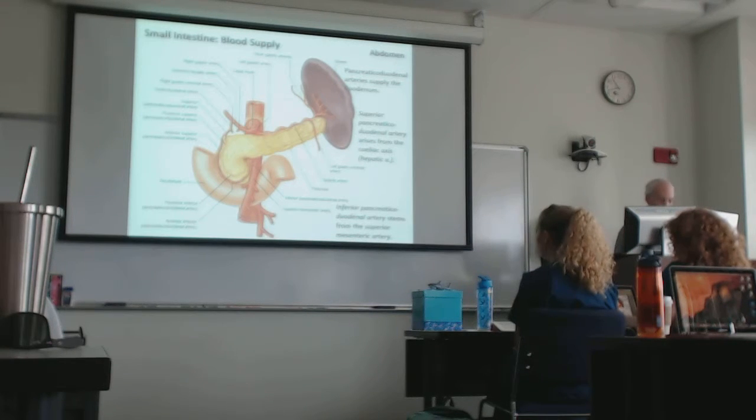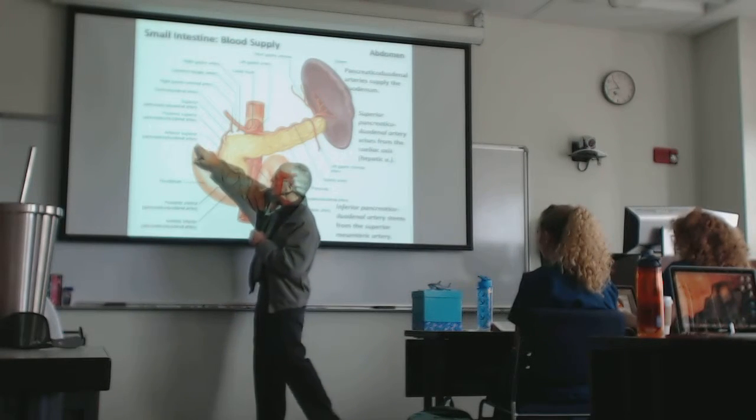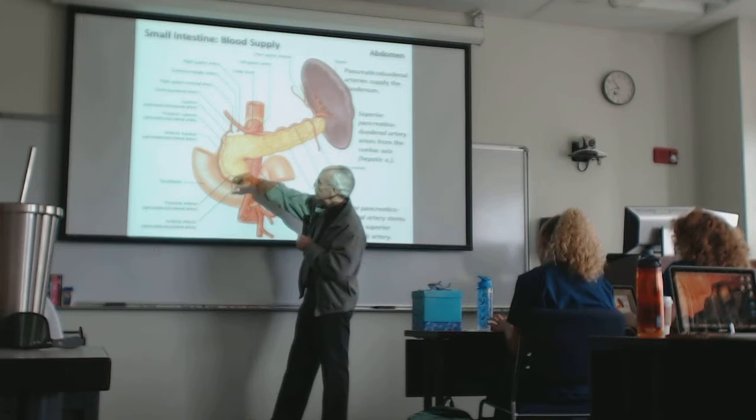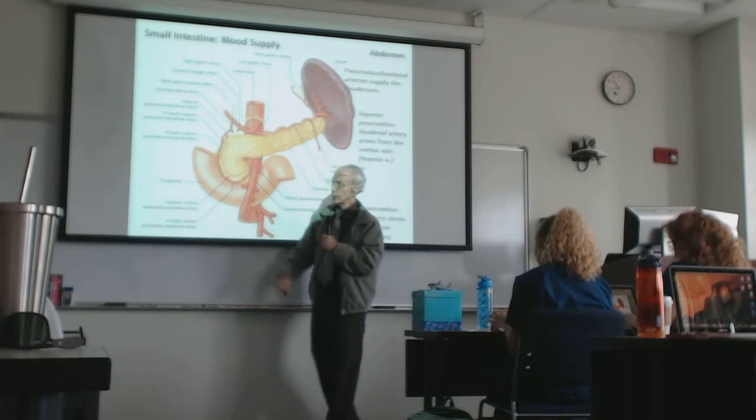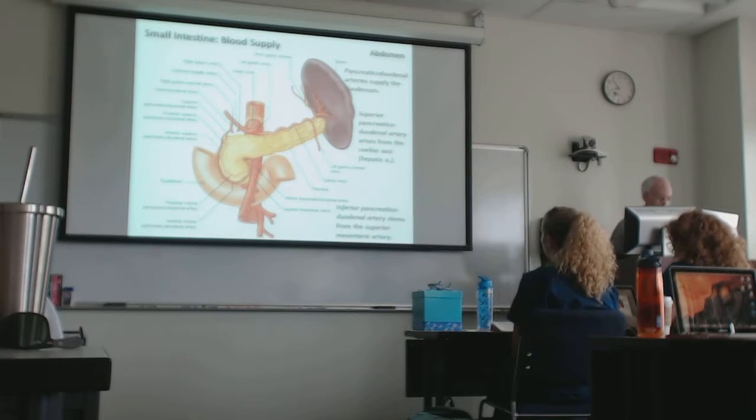And then arising from that, things get easy at this point, there are two pancreaticoduodenal arteries. There's one in the front and one in the back of the pancreas. So you have an anterior and a posterior one arising from that gastroduodenal artery. And these supply, for our purposes, the duodenum for the most part.